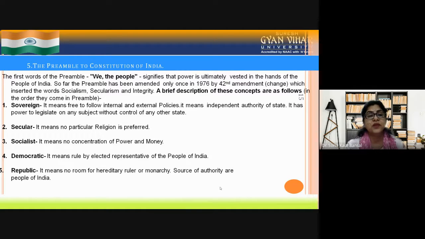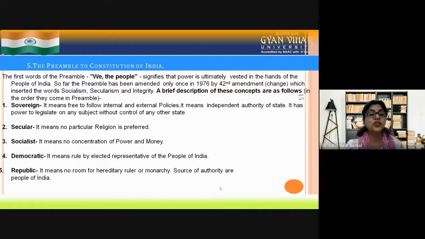A brief description of these concepts is as follows, in the order they came in the preamble. Sovereign means free to follow internal and external policies. It means independent authority of the state. It has power to legislate on any subject without control of any other state. Then the next term is secular. Secular means no particular religion is preferred in the constitution. All religions have equal importance.